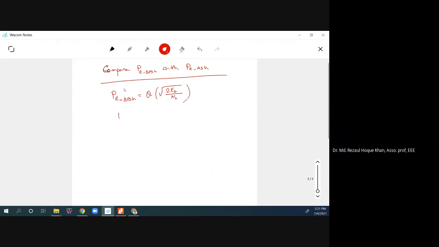For our new case, the probability of error for ASK becomes Q of the square root of E_b by N0.